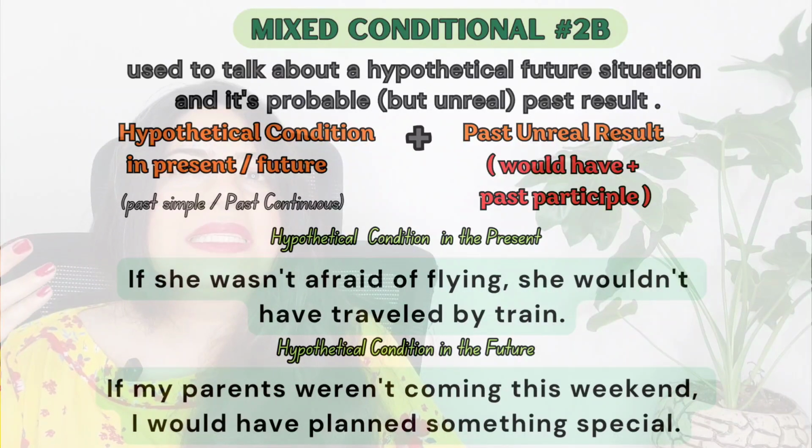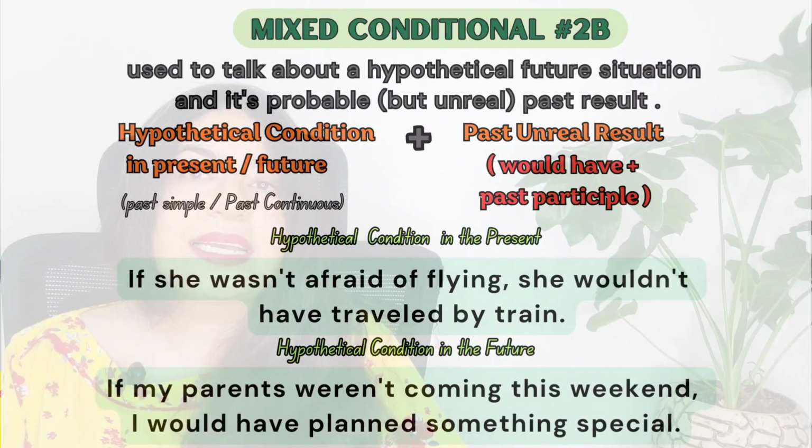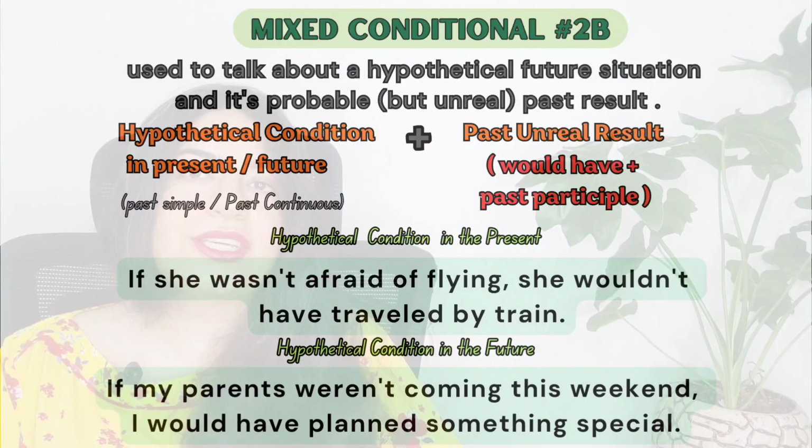It would just seem really awkward. But that next one has the hypothetical condition in the future. If my parents weren't coming this weekend, I would have planned something special. So I'm using that past continuous to talk about a future condition.